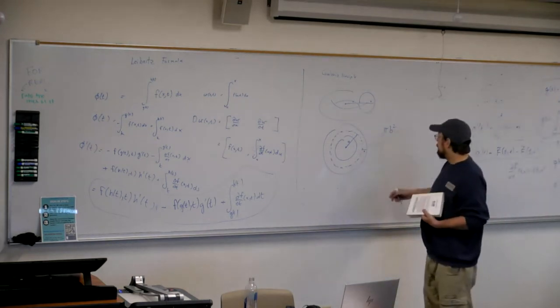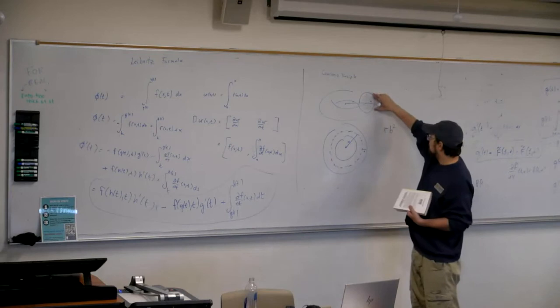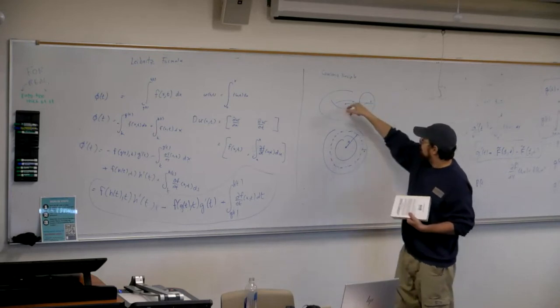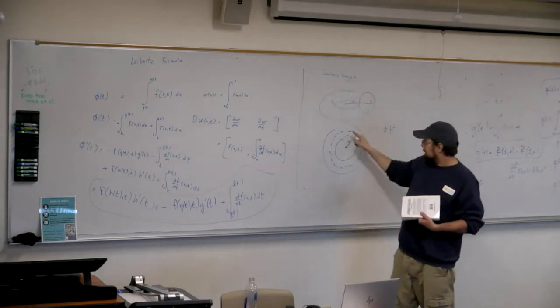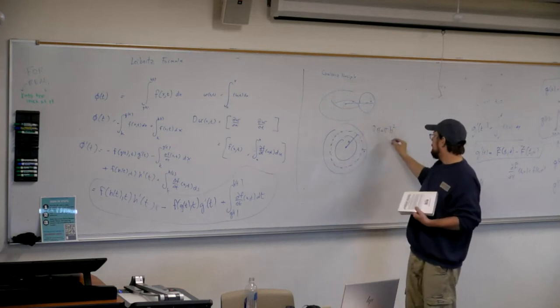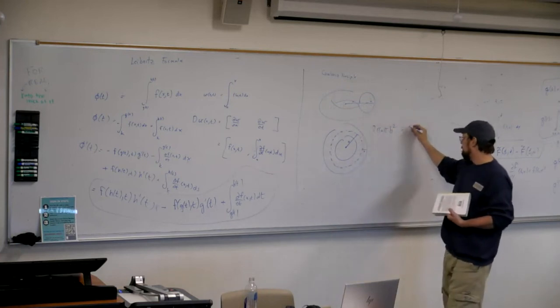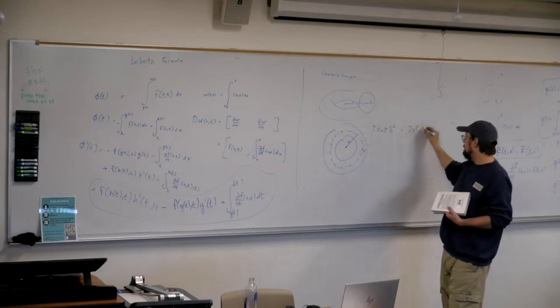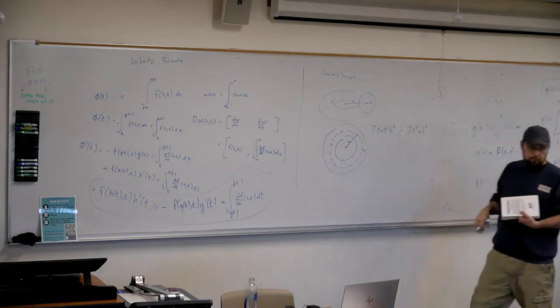So if you take each cross section and add it all up as you go along this curve, you would get 2 pi a. And indeed, this gives you the formula for the volume of a torus.